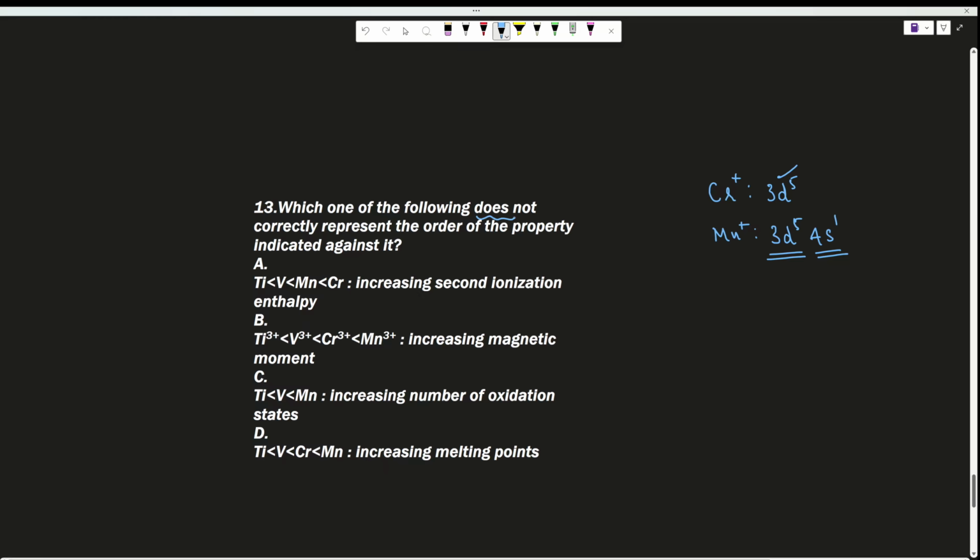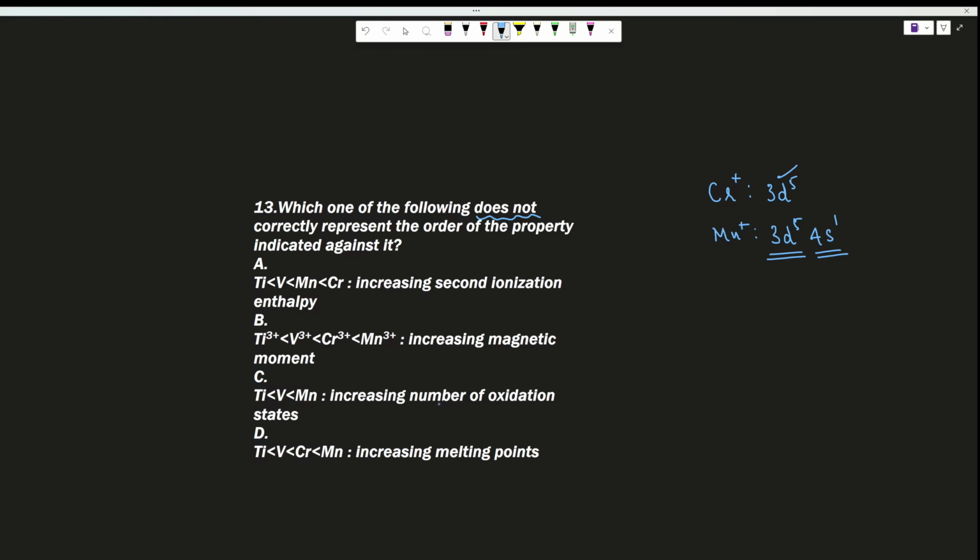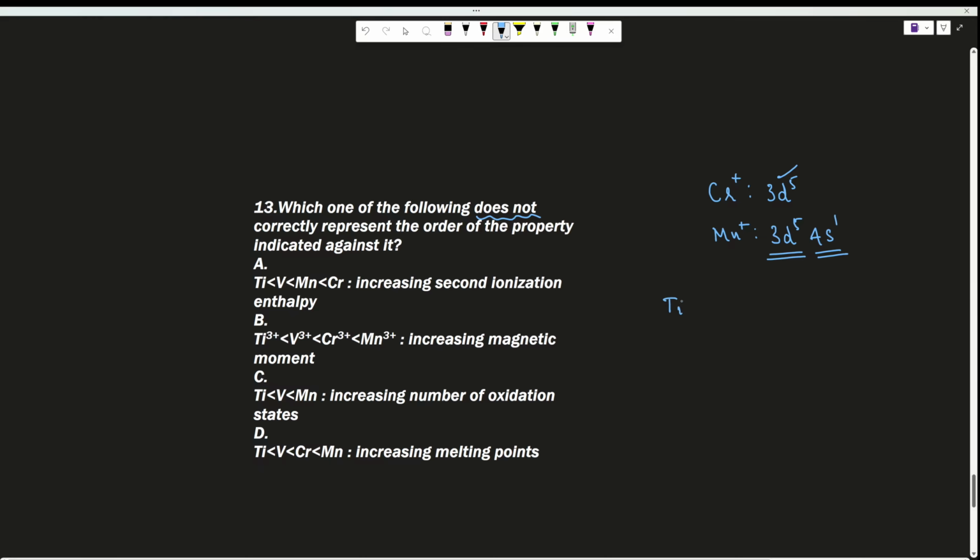They ask which does not correctly represent. Then option B: titanium 3+, vanadium 3+, chromium 3+, manganese 3+, increasing magnetic moment. As the number of unpaired electrons increases, magnetic moment will increase. Titanium is 3d2 4s2, vanadium 3d3 4s2, chromium 3d5 4s1, and manganese 3d5 4s2.